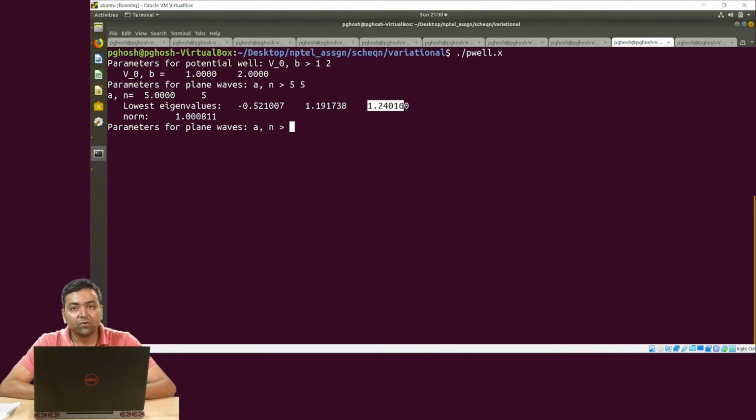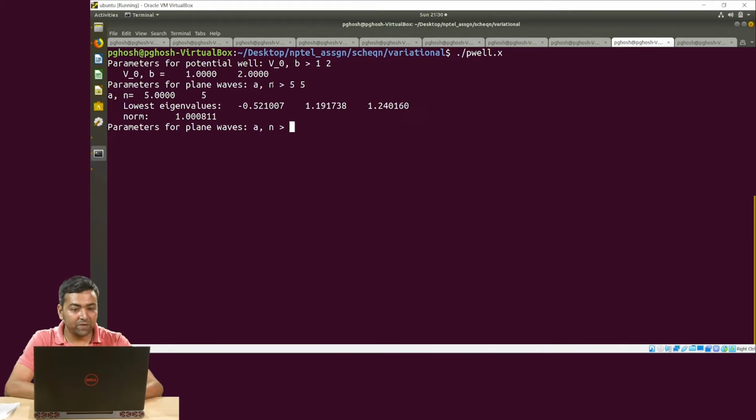If you remember, the potential which I am using is an attractive potential, so we should have at least one bound state. And that is what we see from our solutions: we are getting one bound state, and then there are 2 unbound states here.